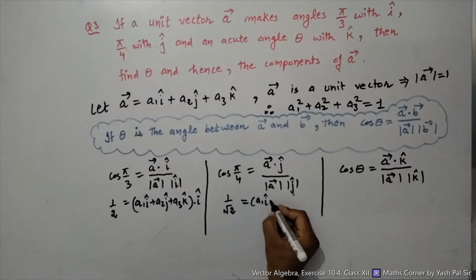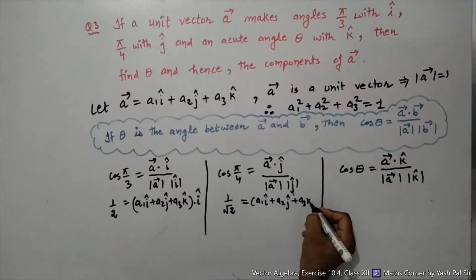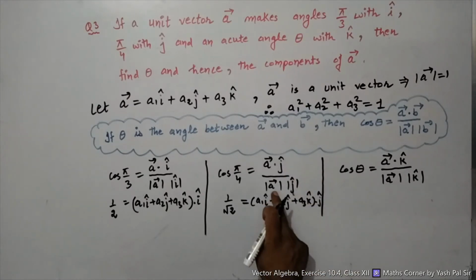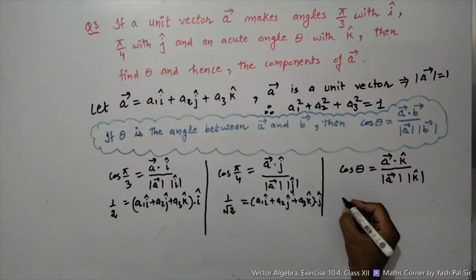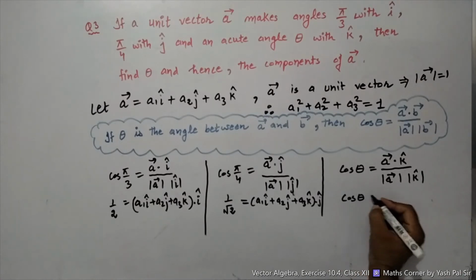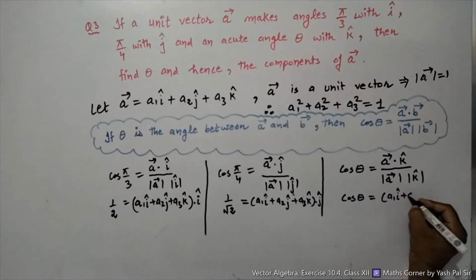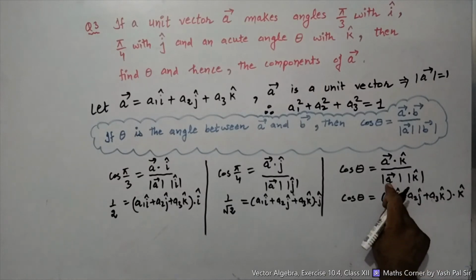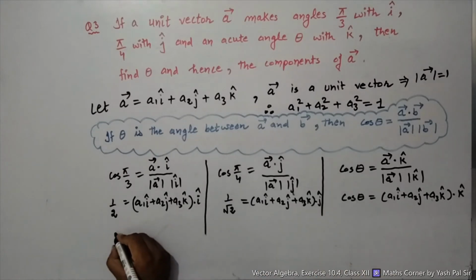On the right side, vector A is a1 i plus a2 j plus a3 k dot product with j, divided by magnitude of A, which is 1, and j is the unit vector, so its value is also 1. Here also, cos theta is equal to vector A, which is a1 i plus a2 j plus a3 k, dot k unit vector. This is equal to 1, this is also equal to 1.